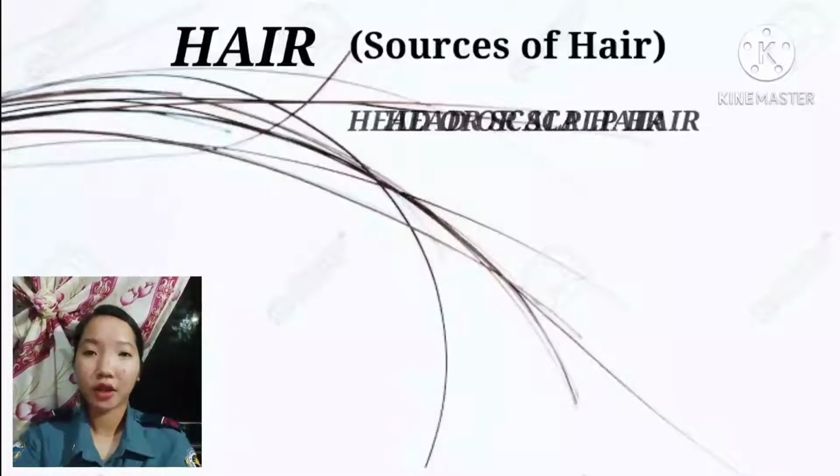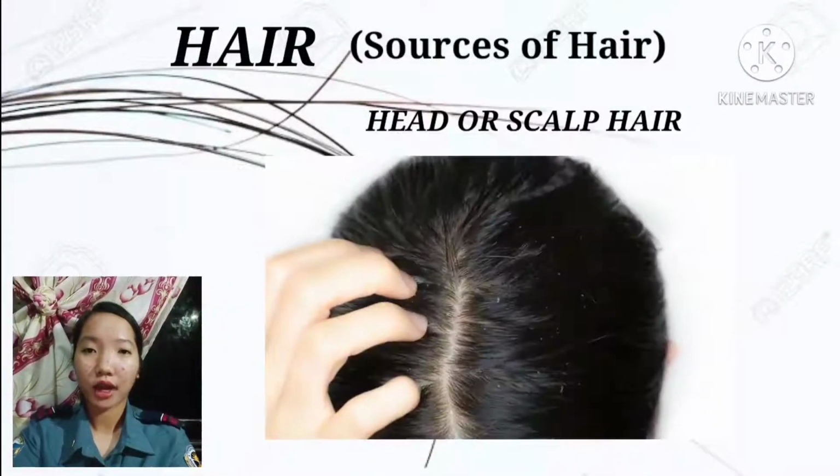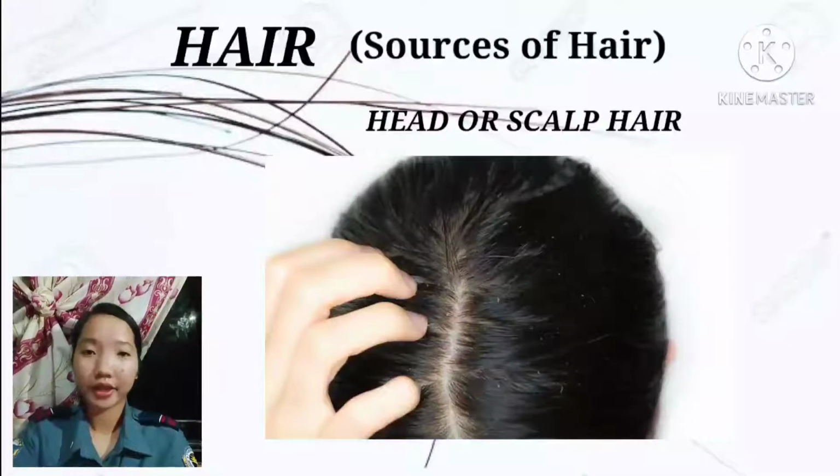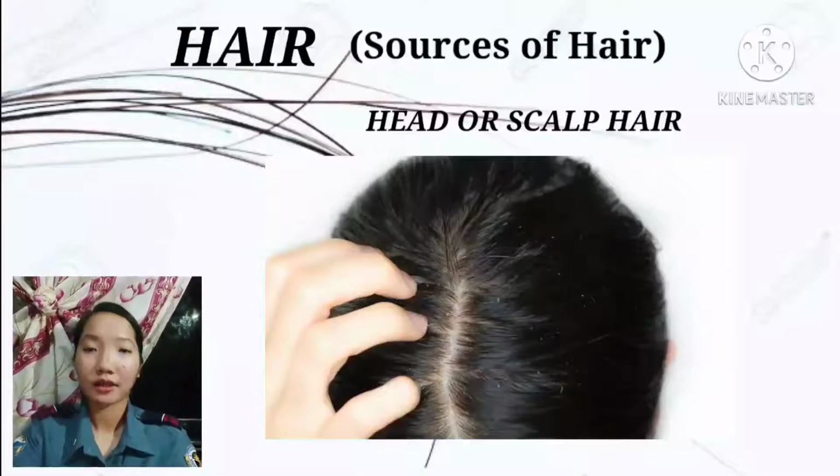First is the head or scalp hair. Kapag nag-collect dito, ay approximately 50 head hairs ang kailangan. Ito ay ang hair in the center, front, back, and side of the scalp, including the nape of the neck.